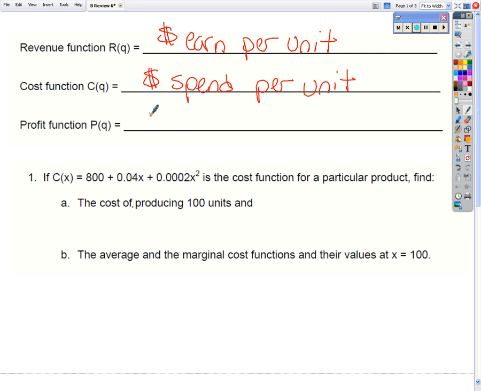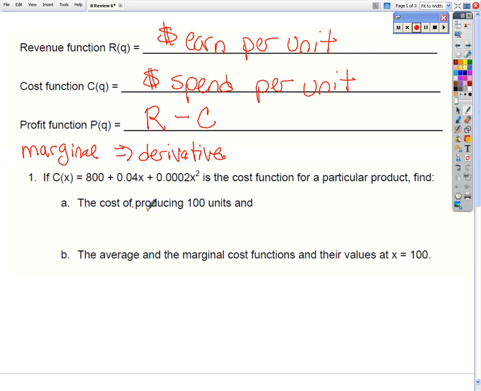And the profit function you get by doing the revenue function minus the cost function. And remember, anytime you see the word marginal, marginal cost, marginal profit, marginal revenue, that stands for the derivative of that function.